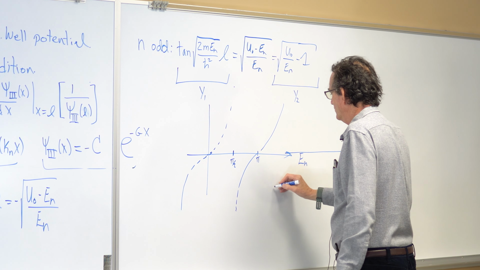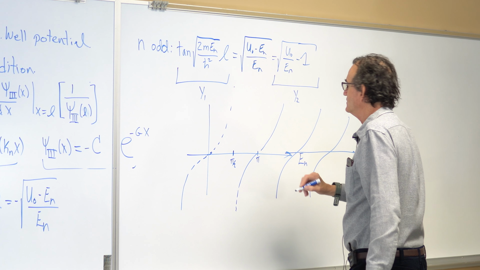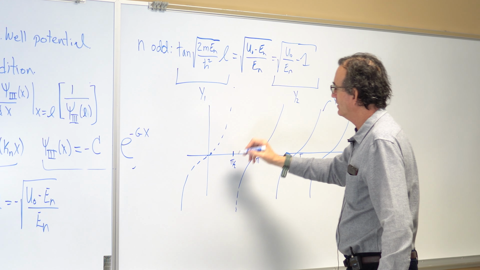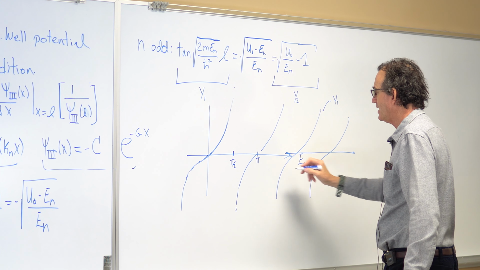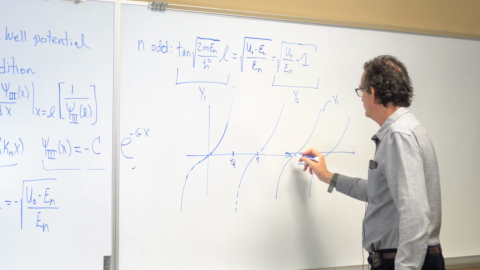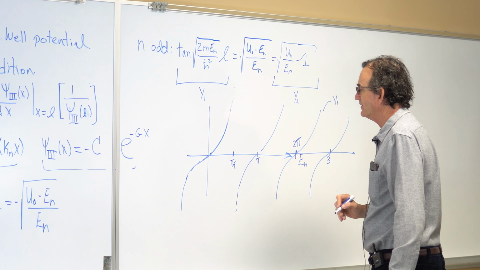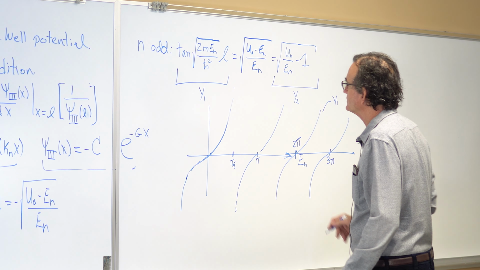And it will continue so that I get a tangent function that looks like this. These are my values, or my functions y1, in all 4 of the lines that I've drawn right here. So this would be pi, this would be equal to 2 pi, this crossing would be equal to 3 pi, if I've done this right, I hope I have, etc. So I have a sequence of tangent functions.